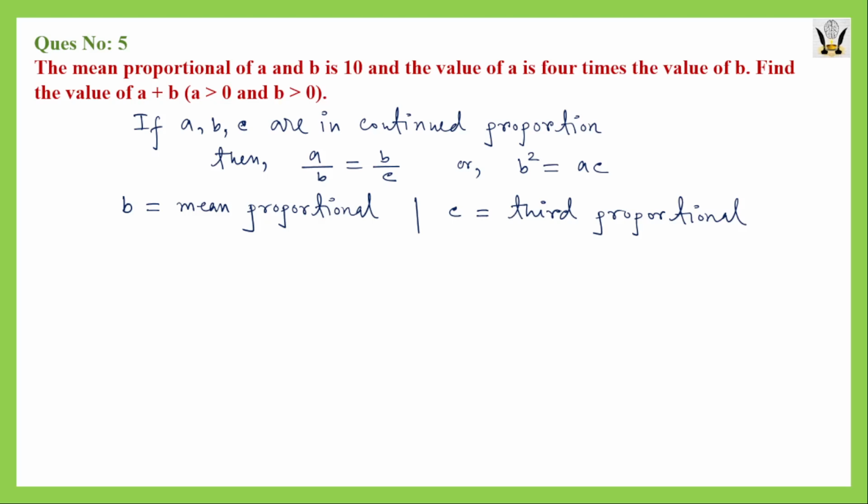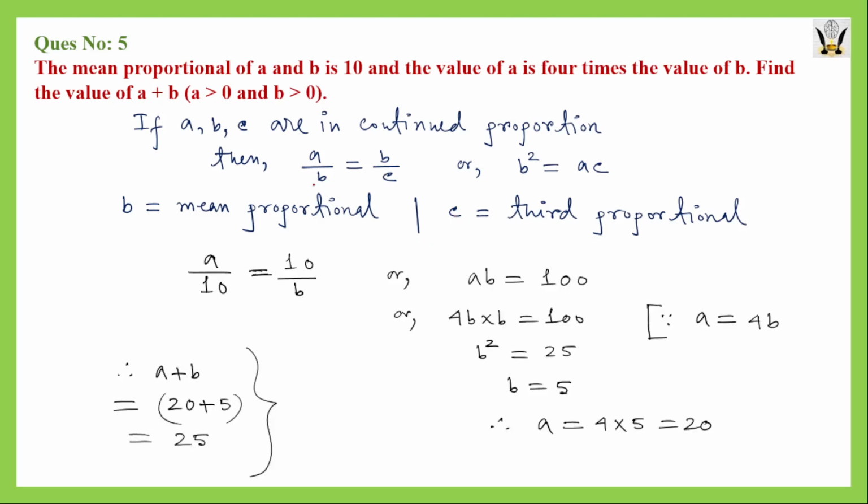Now here in this question, the mean proportional of a and b is 10, that is given. So a and b are actually the extremes, means a is the first proportional and b is the third proportional, but this is the general format where we took c as the third proportional. Now if we go by the problem statement, then we can write the relationship this way, that a by 10 will be 10 by b, because it is given that 10 is the mean proportional between a and b.